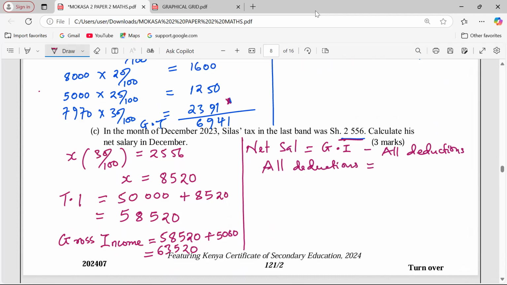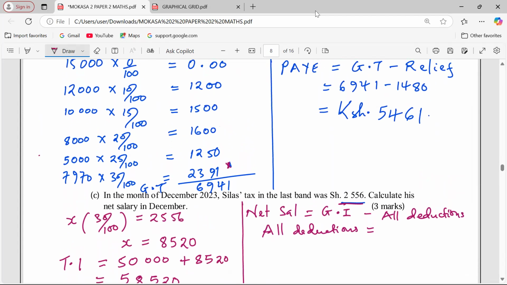Now, for the month of December, we should talk about a new PAYE. The tax was bigger, so we just add the difference. In the last band, he is now paying 25.56 instead of 23.91. So the difference of 165 is what has increased.